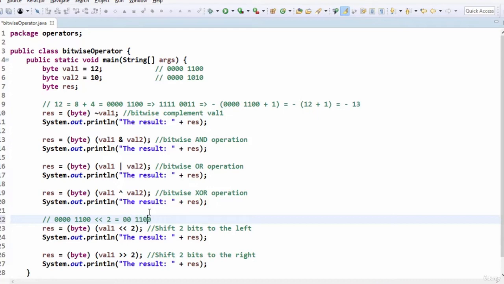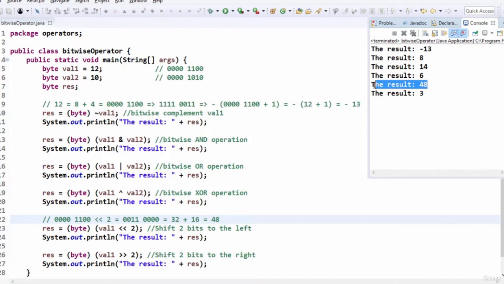These 2 bits will be lost, and 2 new bits will come in to fill up the blank space. So we can find that it will have the format like this, which is nothing but 32 plus 16, and that should be 48. So we are expecting that the value will become 48 here. Now let me go for the execution. You can find that the value has become 48.